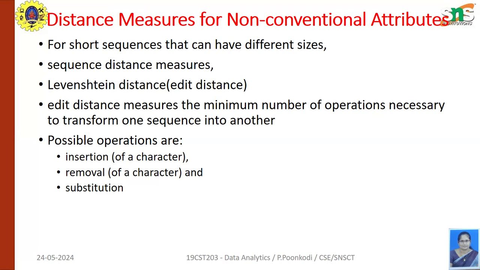The edit distance is used to measure the minimum number of operations which is necessary to transform one sequence of data into another sequence. If we want to perform this conversion, it is possible to use three operations: insertion, removal, and substitution.